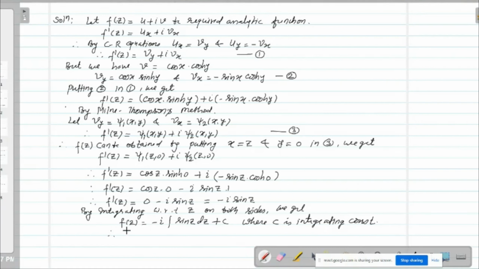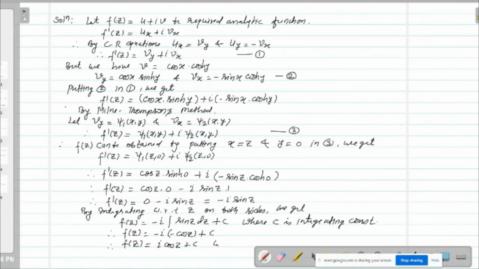Therefore f of z equals minus i times, what is the integration of sine? That is minus cos z plus c. So F of z is equal to minus minus goes plus, this is i times cos z plus c.